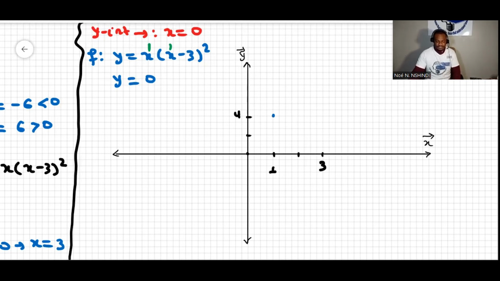Now, if x equal to 3 for the minimum, if I have 3 there for x, it's just going to be 0, okay? Because 3 minus 3 is 0, so the minimum lies on the x-axis. And then the turning point is like here. Turning points are there also.